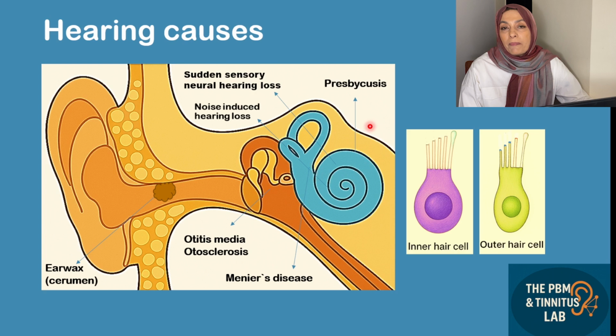For example, in presbycusis or aging of the inner ear, the hair cells, and also a sudden sensory neural hearing loss and noise-induced hearing loss. All of them may lead to tinnitus. And Meniere's disease, which is a balance disorder, and its characteristics are hearing loss, vertigo or dizziness, and also tinnitus. All of these disorders may cause tinnitus.